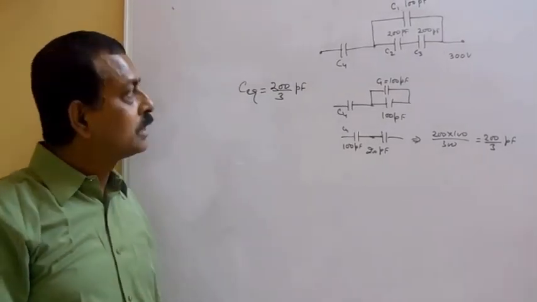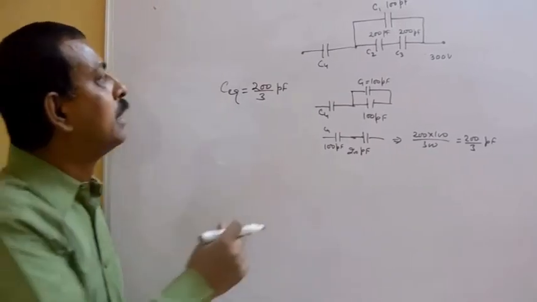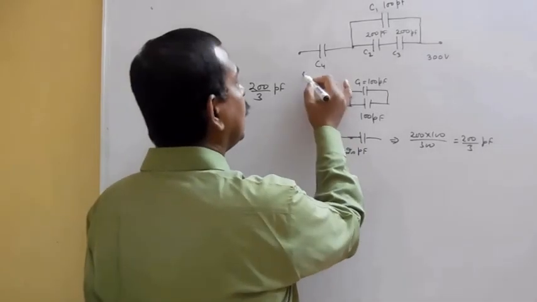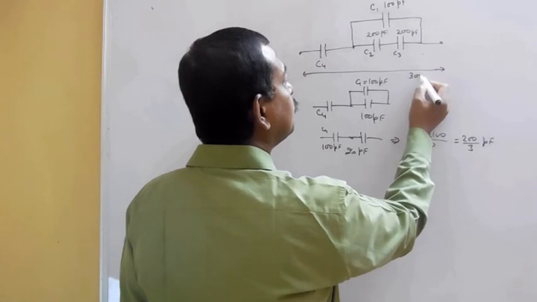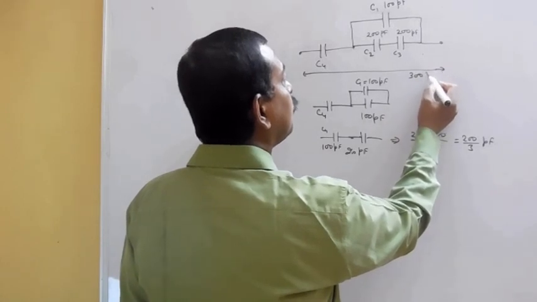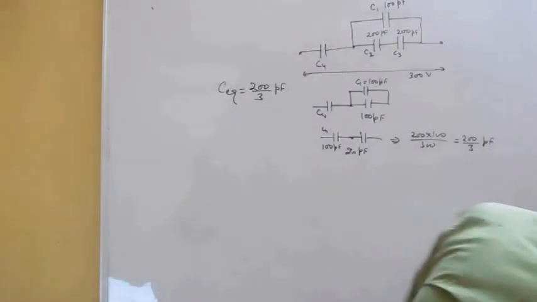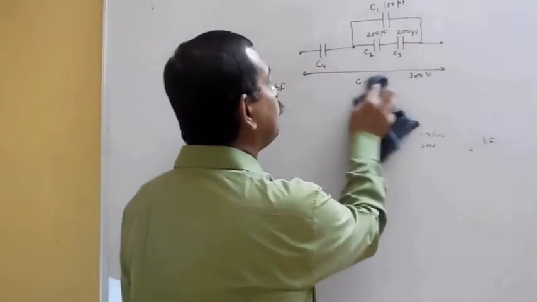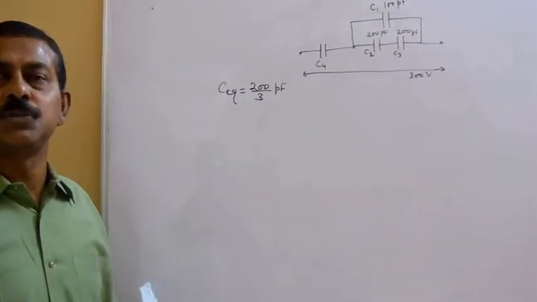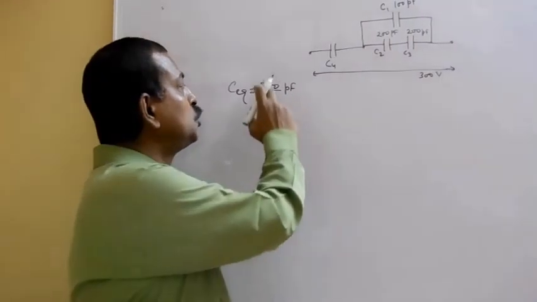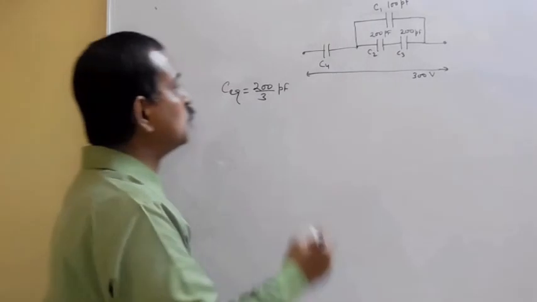Now, let's try to find the charge and the voltage across each capacitor. If you consider the given circuit, we have the equivalent capacitance shown here to be 200 by 3 picofarad. Voltage is 300 volt.